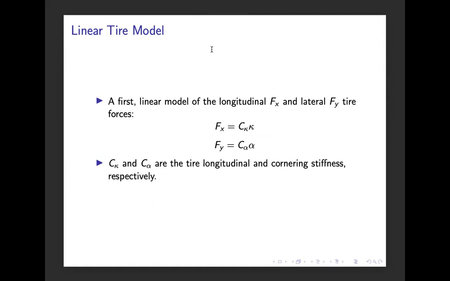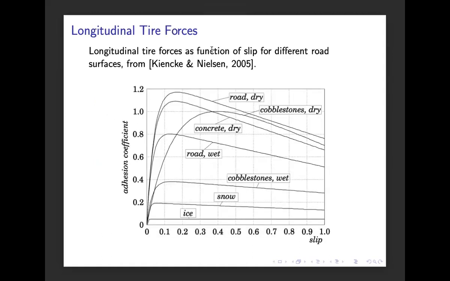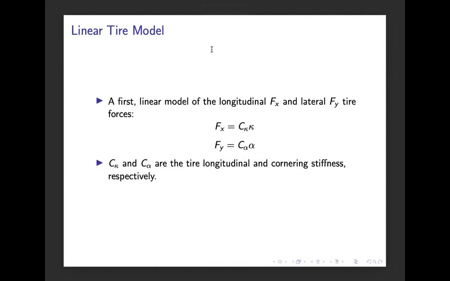Correspondingly for the lateral force, we can also set up a relation between the lateral slip angle and the lateral force. Experimental data tend to support that the lateral force is also linear in a certain region. So that would be a first model: a linear relationship between the slip quantities and the corresponding forces. This coefficient, C alpha, is called the cornering stiffness.